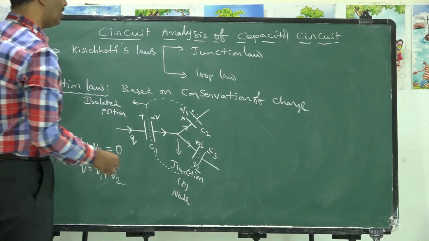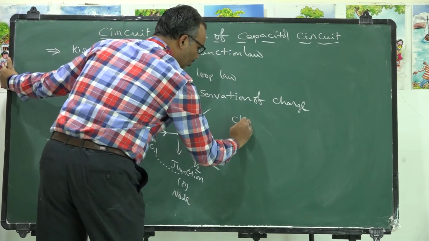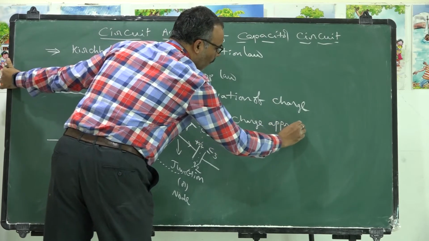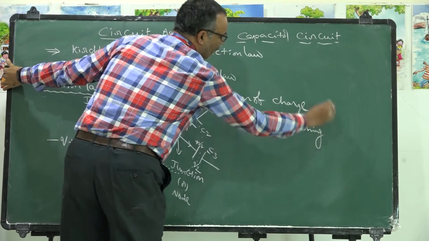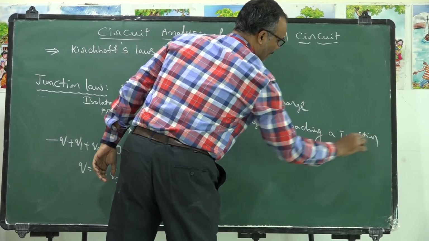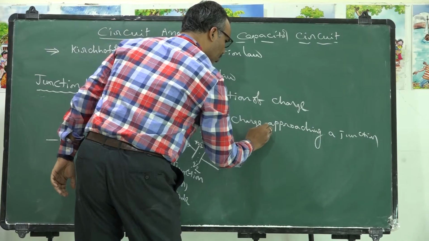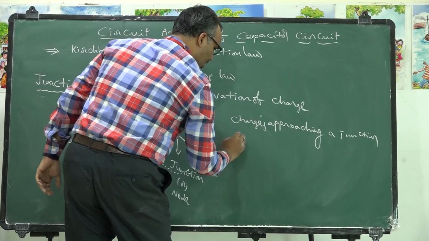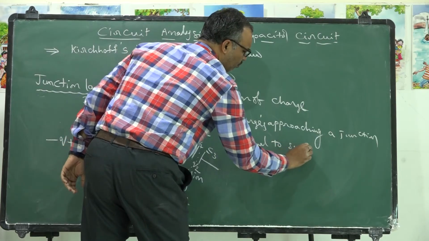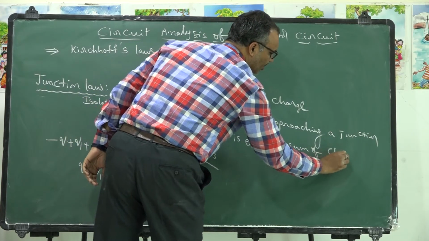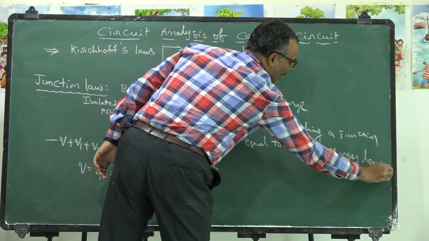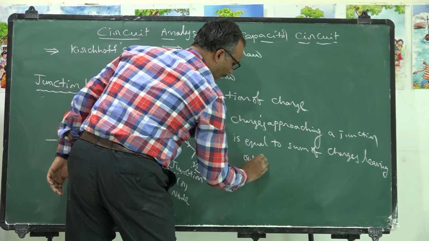So its statement is like this: charge approaching a junction, or charges approaching a junction, is equal to the sum of charges leaving out of the junction.